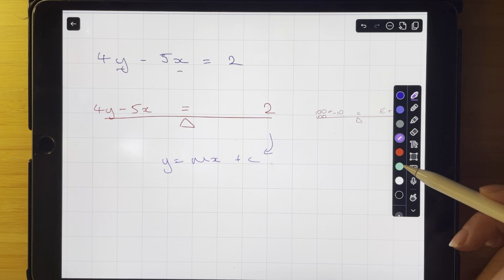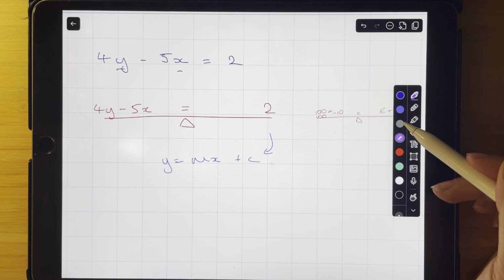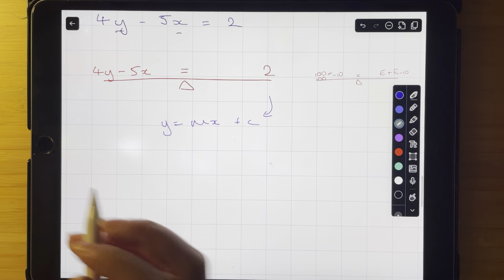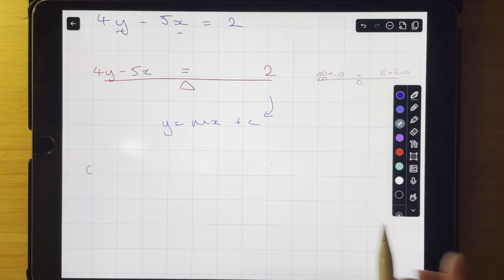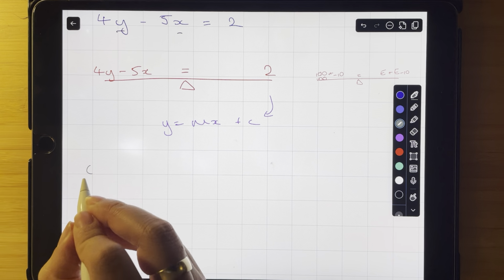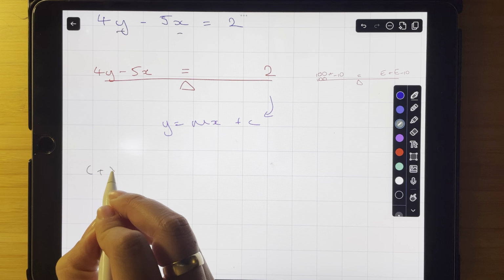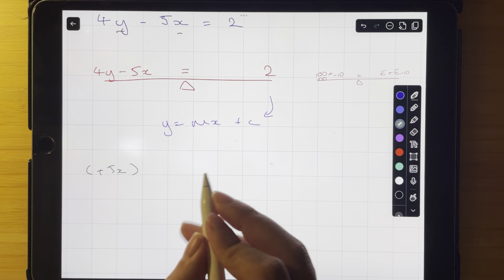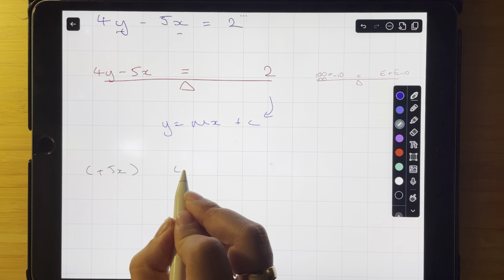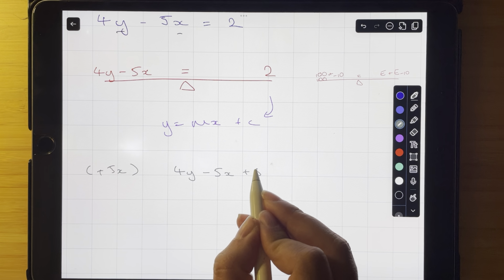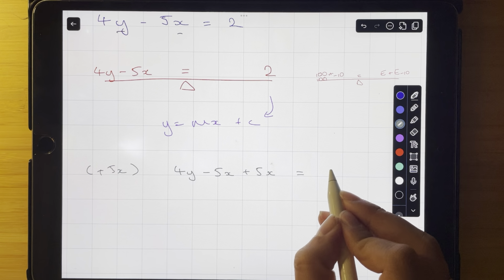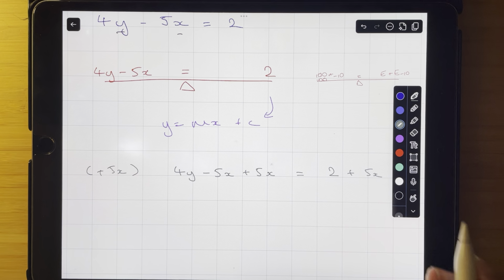So that means, and this is the way I recommend doing it, I write some brackets and I write what I'm doing to each side. And what I want to do to each side is plus 5x. So that gives me, on the left hand side, 4y minus 5x plus 5x equals 2 plus 5x.